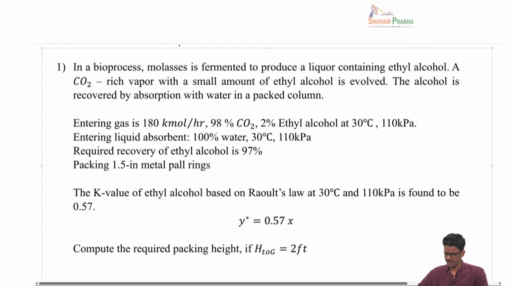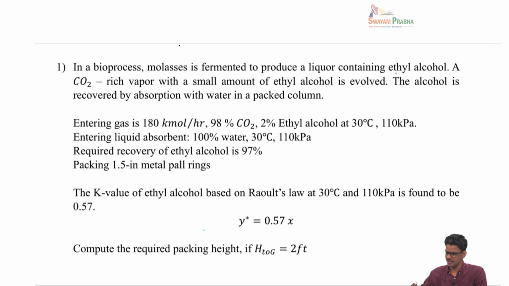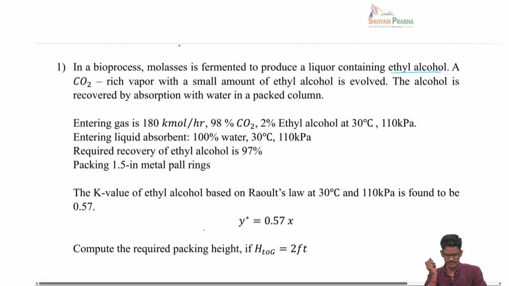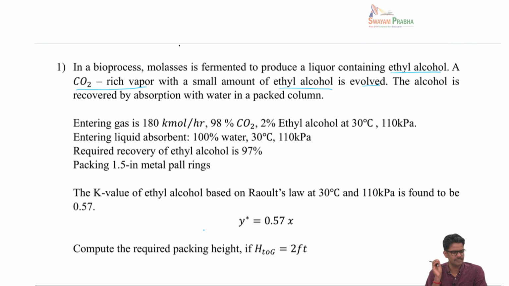So the question goes something like this: in a bioprocess, a molasses is fermented to produce a liquor containing ethanol, or ethyl alcohol. A CO2 rich vapor with a small amount of ethanol is evolved. So basically you have a gas which is mostly CO2 but also contains some amount of ethyl alcohol. The ethanol is recovered by absorption with water in a packed column.